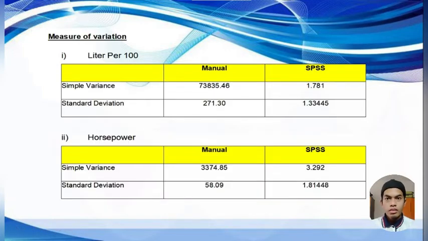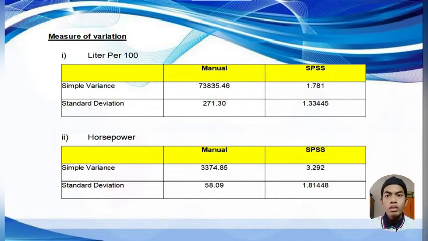Measure of variation. In measure of variation there are two methods, which are sample variance and standard deviation. Firstly, for liter per 100, sample variance manual is 73835.46, and for SPSS is 1.781, and standard deviation for manual is 271.37, and in SPSS is 1.33445.